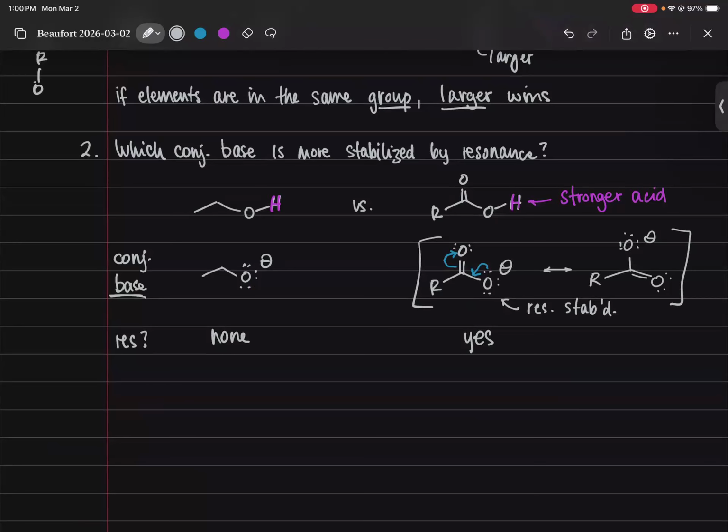And we always have at least some resonance stabilization of the negative charge. So those are the first two rules, and carboxylic acids often win those versus other compounds.